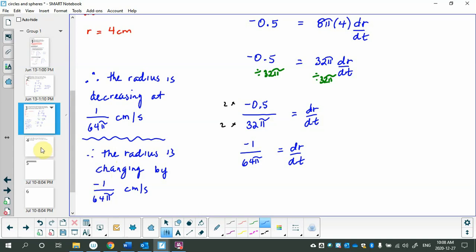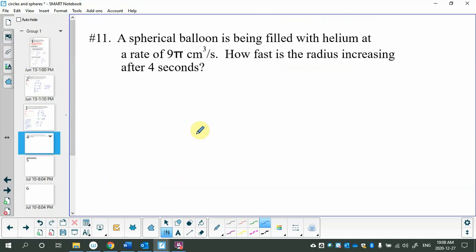All right, last question. Time for it. A spherical balloon is being filled. Okay, so usually this means we don't really have to worry about direction. It says a spherical balloon is being filled with helium at a rate of, so I've got a d something by dt, 9 pi centimeters cubed, volume, per second, dt for time.